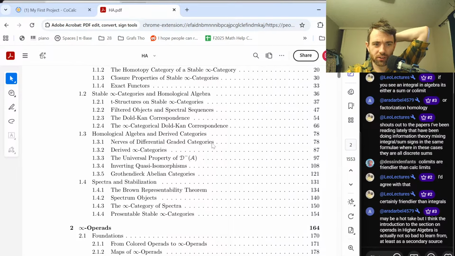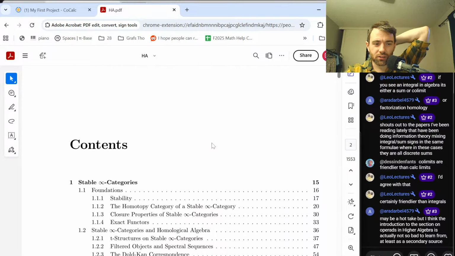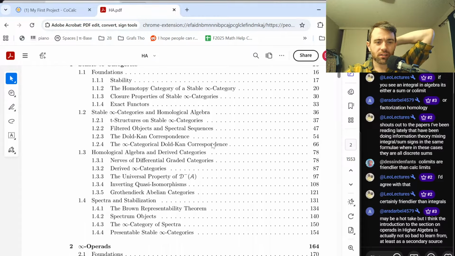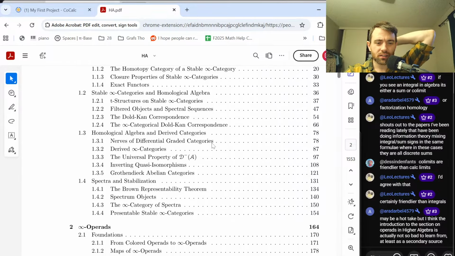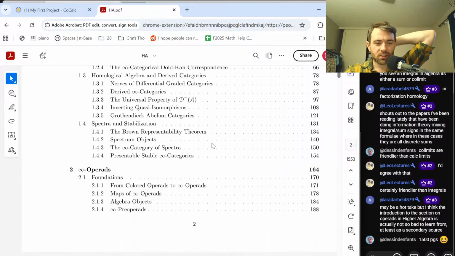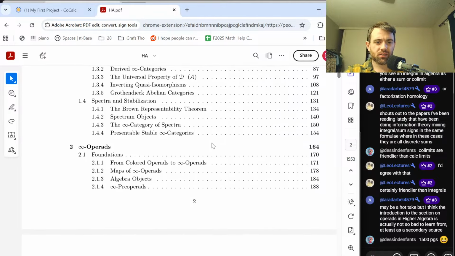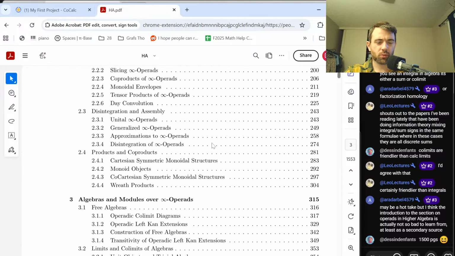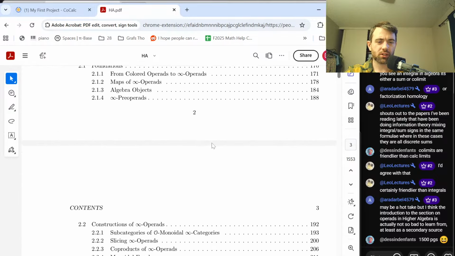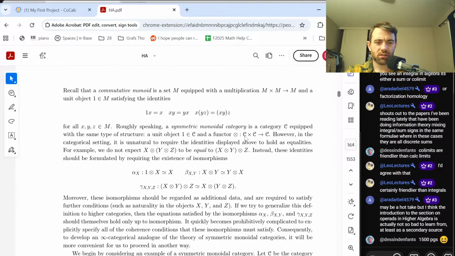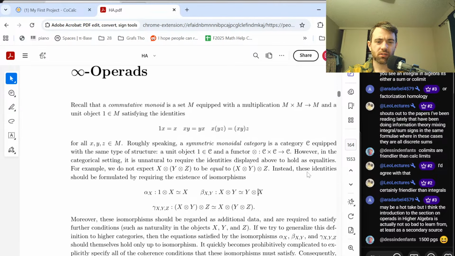Infinity operads. Is there a normal operad somewhere? Does he talk about normal operads at the beginning of this? Because I don't think... Oh, this does look like maybe there's normal operads for a moment here. Okay.